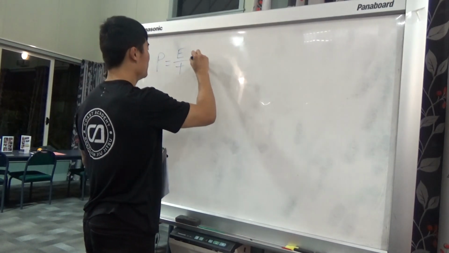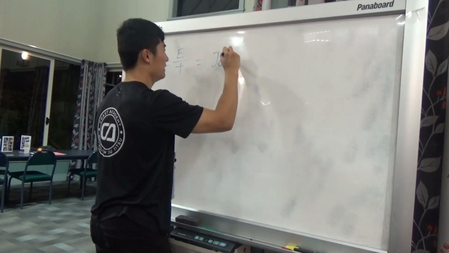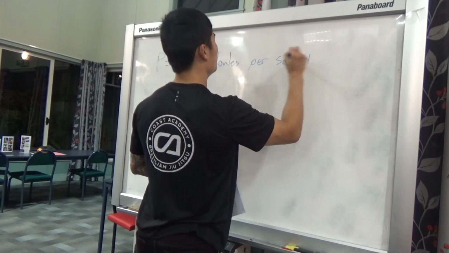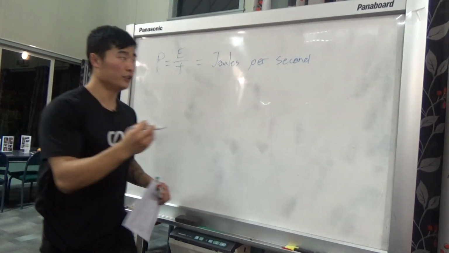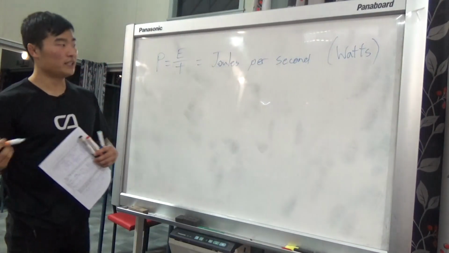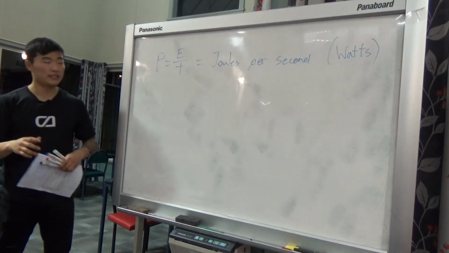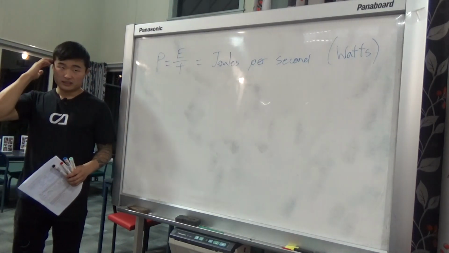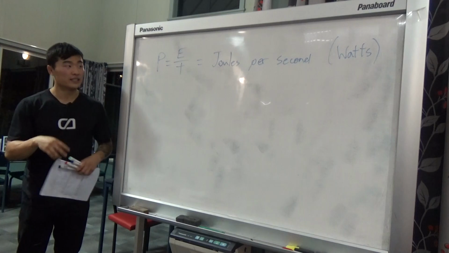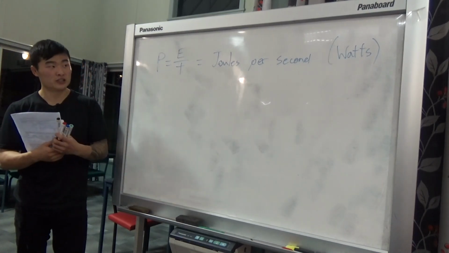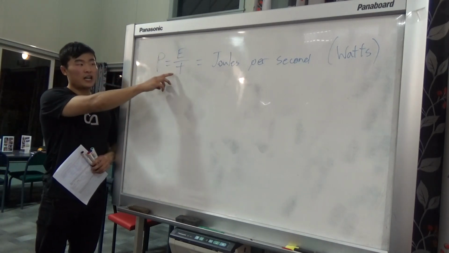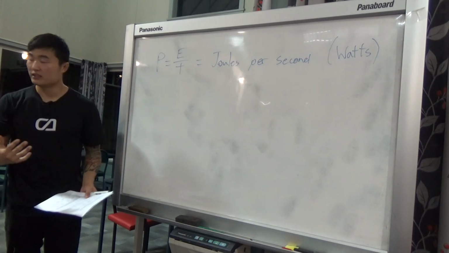So that's the number of joules that's used per second, and the unit for that is watts. So that's something that you always have to keep in mind, because it's going to come up in mechanics, thermo, electricity, and radiation. So it's going to be a common theme across all of your modules. And so whenever you have an energy and a time component, you're going to think of power.